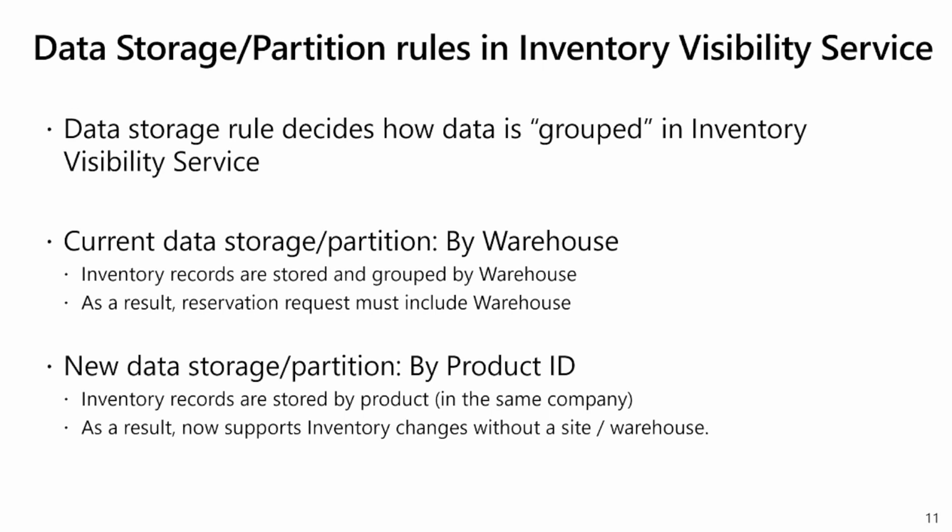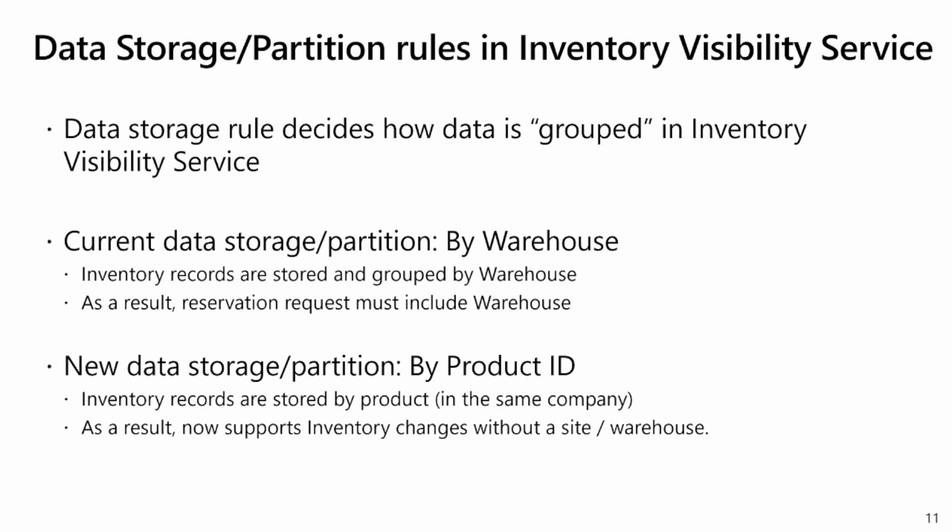To support the scenarios where users need to make inventory operations both with and without warehouses, we now introduce a new data storage rule inside Inventory Visibility Service, which we call by product IDs. So now we have two different types of data storage rules. The existing way is by warehouse, and the new way is by product IDs.